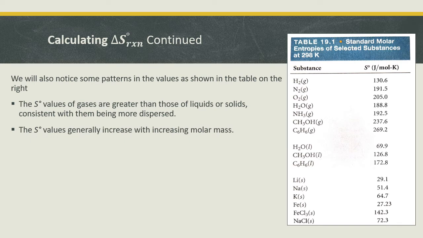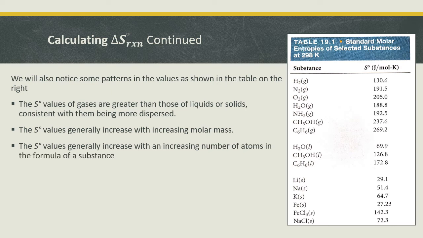The S values generally increase with increasing molar mass. So we could see that, for instance, with the first three chemicals, hydrogen, nitrogen, oxygen. Those are in order of their molar mass, hydrogen being the smallest. And as we have more molar mass, we have an increase in their entropy. So that's another way to look at entropy of chemicals if we're comparing two.